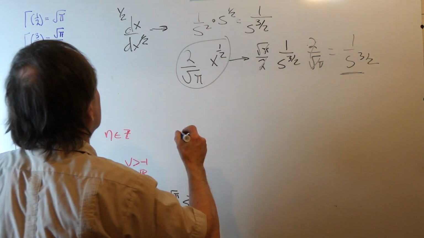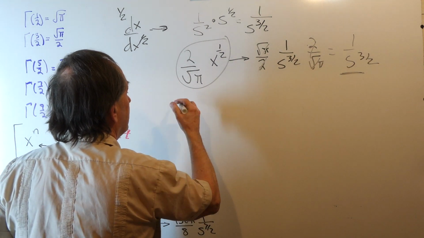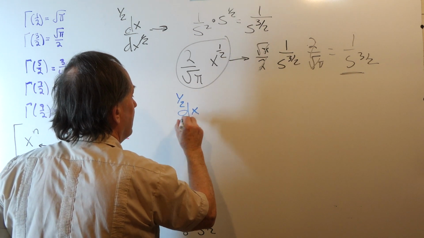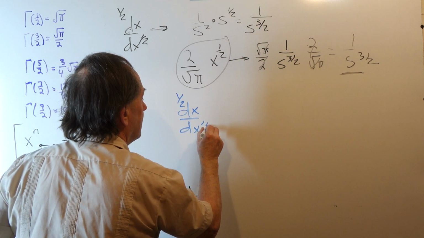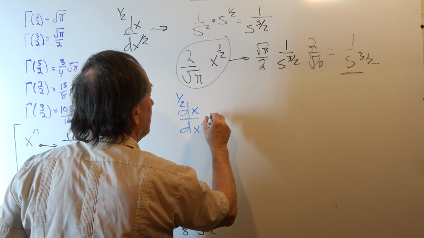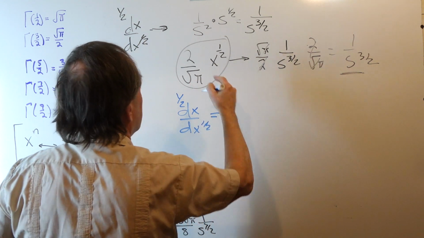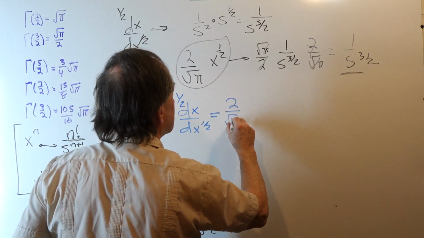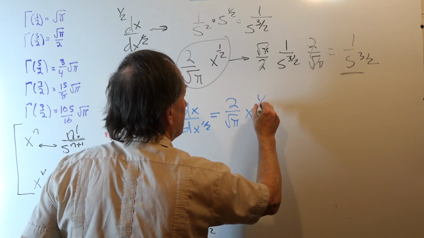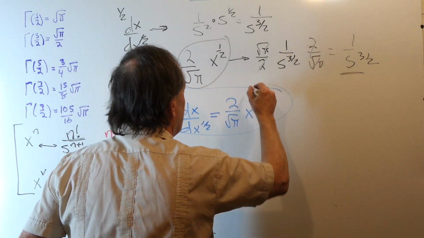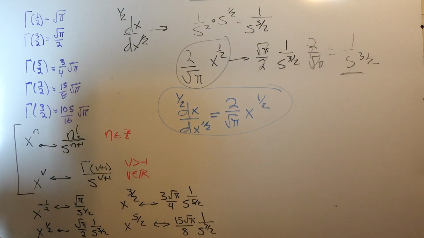Use a different pen here. So, the 1/2 derivative of x then is 2 over the square root of pi x to the 1/2. So that's the 1/2 derivative of x.